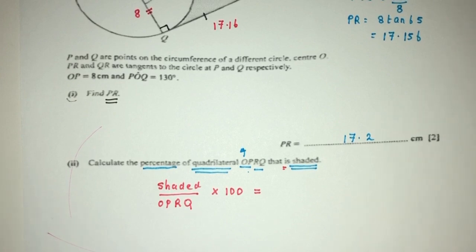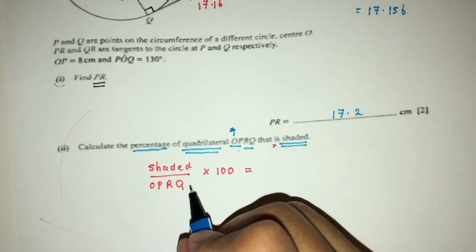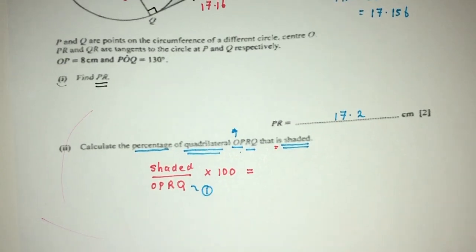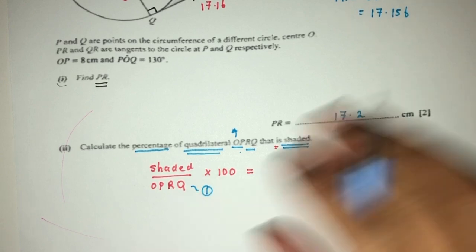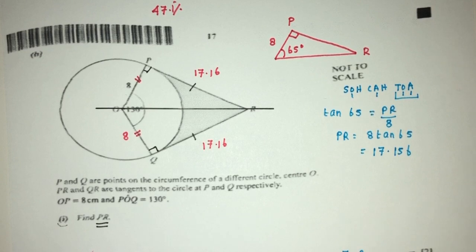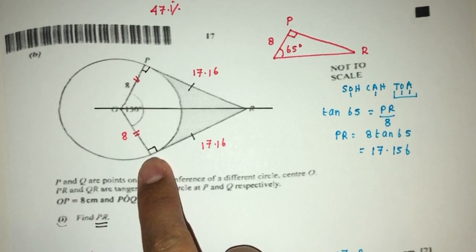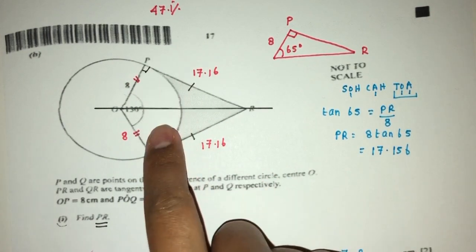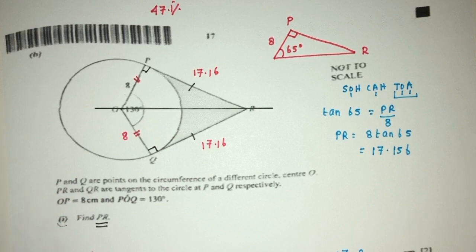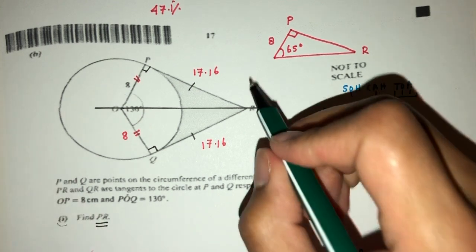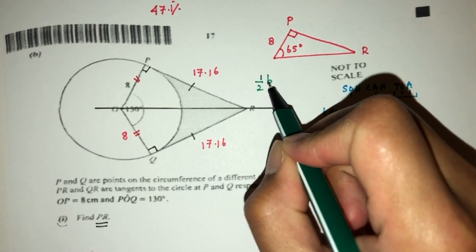So let's see what's the first thing we can find. Let's try to find this one first. How would you find the area of the quad OPRQ? Now by observation you can see OPRQ is made up of two congruent triangles. They're the same thing and they are both right angle triangles. So how do you find the area of a right angle triangle? You use your formula that you know, which is half times base times height.